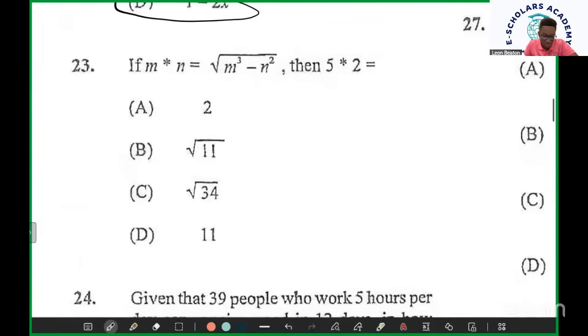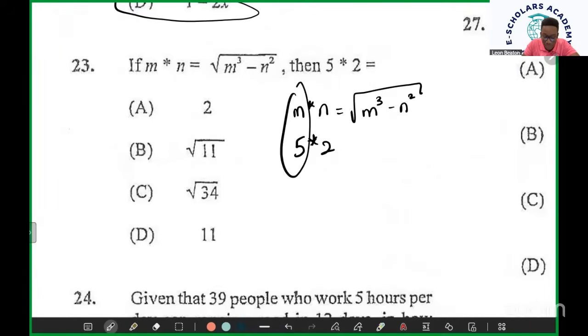So let's go. If m star n is equal to the square root of m to the third power minus n to the second power, then 5 star 2 is. So let me write this back. M star n is equal to the square root of m cubed minus n squared. They want 5 star 2. So we just substitute 5 wherever we have m, and 2 where we have n.